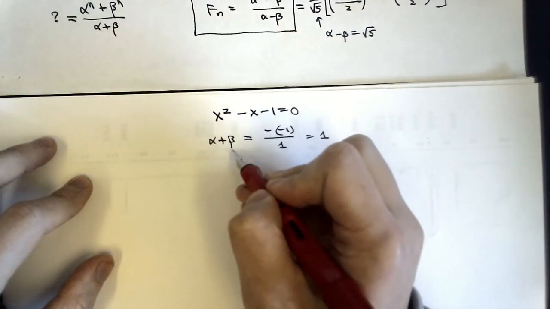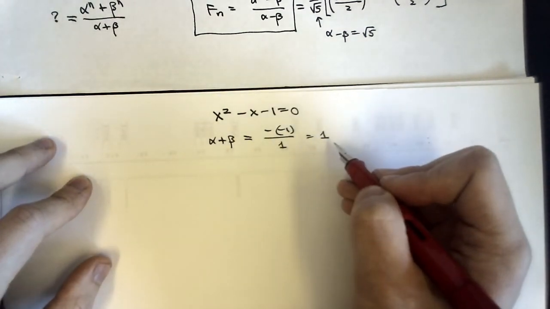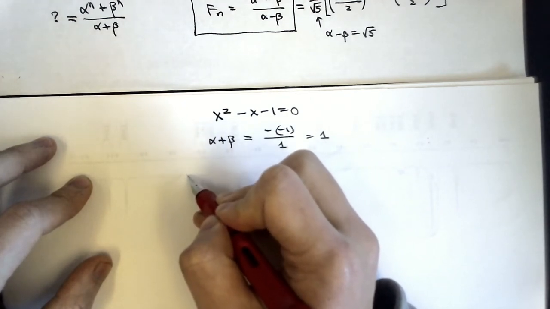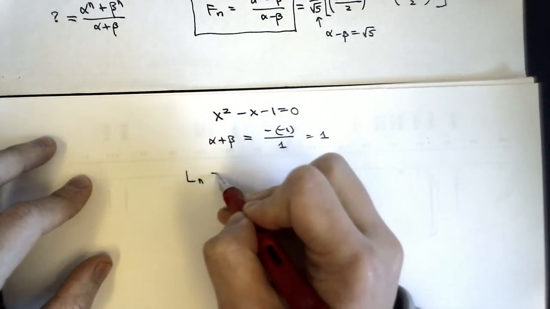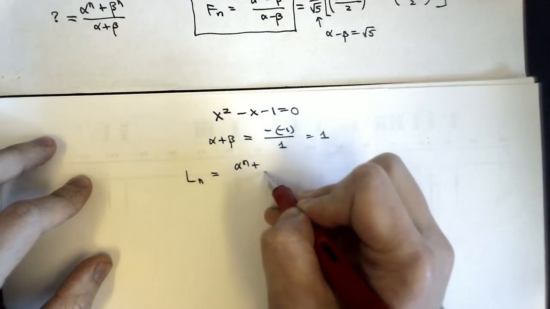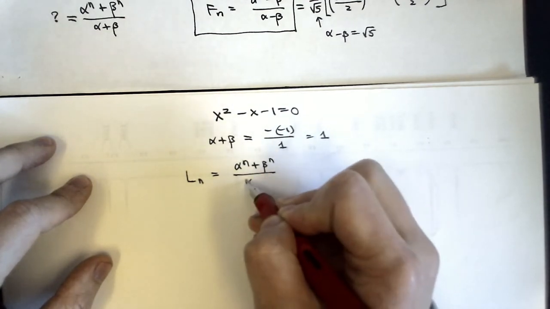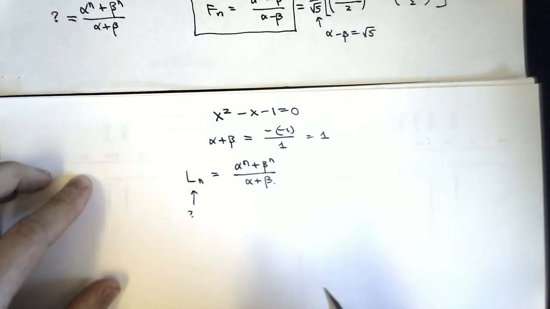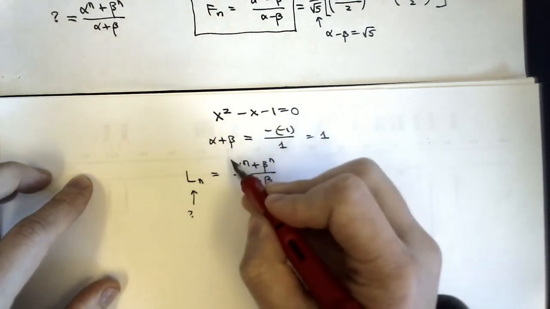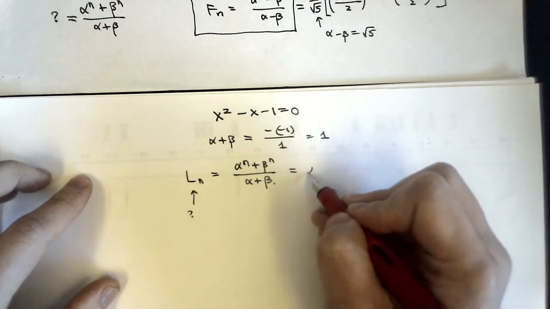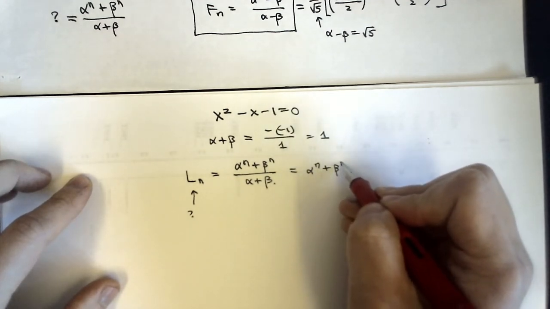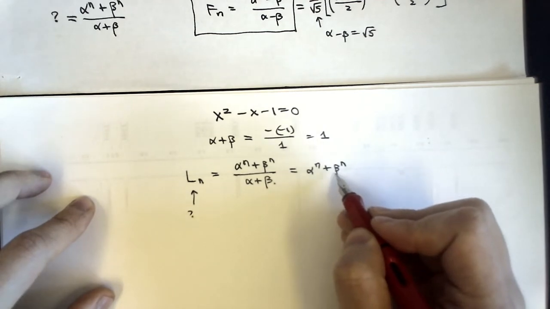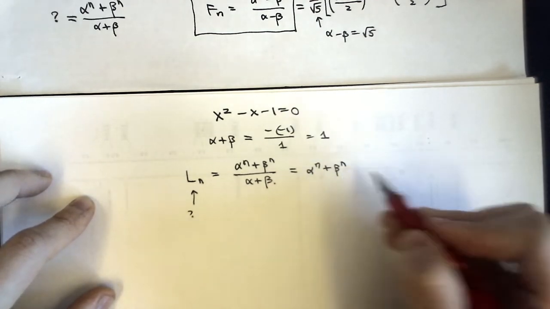So we know that alpha plus beta is 1. Let me call this guy Ln, be alpha to the n plus beta to the n over alpha plus beta. Since alpha plus beta is actually 1, this expression is simplified to alpha to the n plus beta to the n.